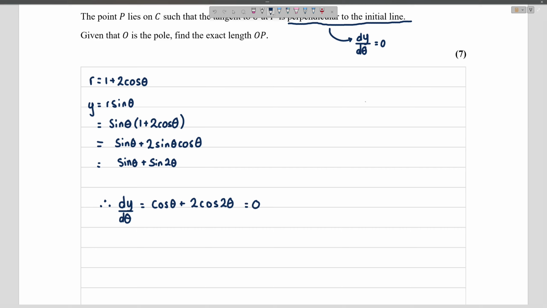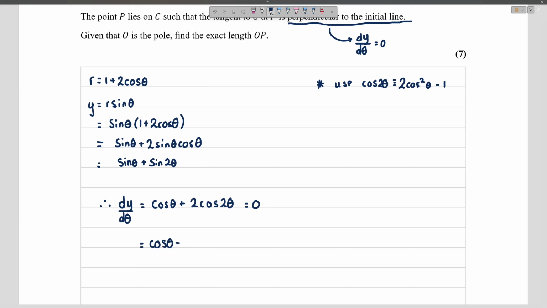So I'll make a note at the top that we're going to use cos 2 theta is identical to 2 cos squared theta minus 1.